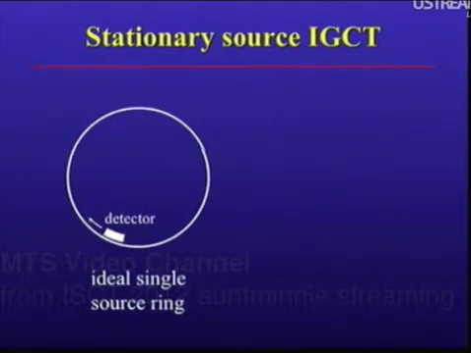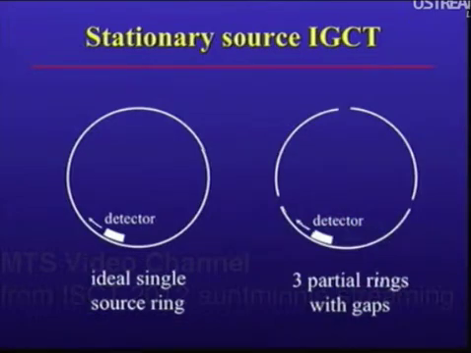That's technically quite challenging to do. It may be more feasible to divide that into modules, and so, for example, have 3 source arrays that span roughly a third of the ring around the patient. But in that case, you're likely to have gaps. And so the question that comes up is, can you reconstruct an object even if you have gaps in this stationary source array?